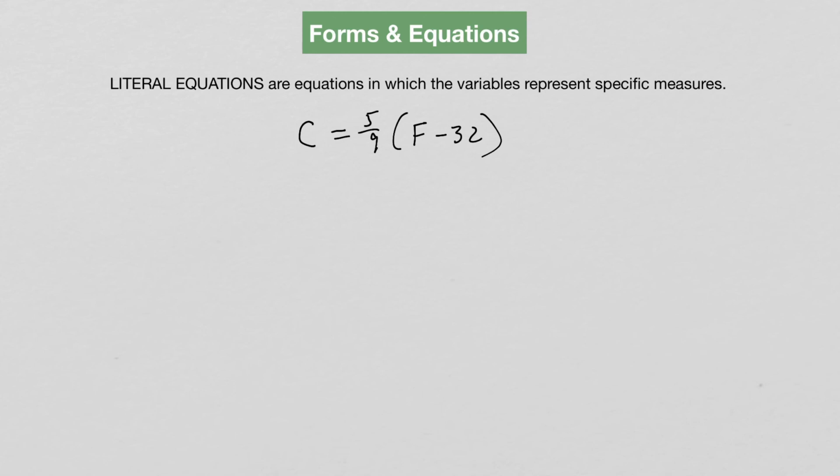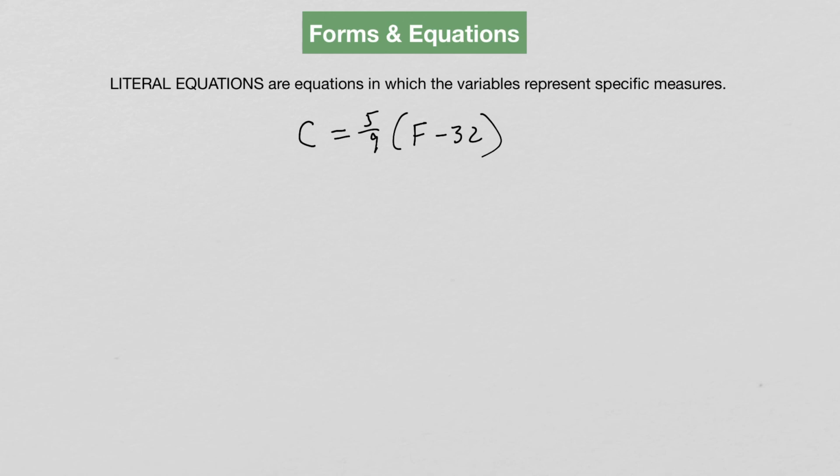So when you're posed with this type of equation, sometimes you'll be asked to solve for a different specific measure. In this case, the equation is in centigrade for C, and now we're going to convert this equation into Fahrenheit. To do that, there are two ways to do this. One way is to multiply the entire equation by the reciprocal of 5/9.